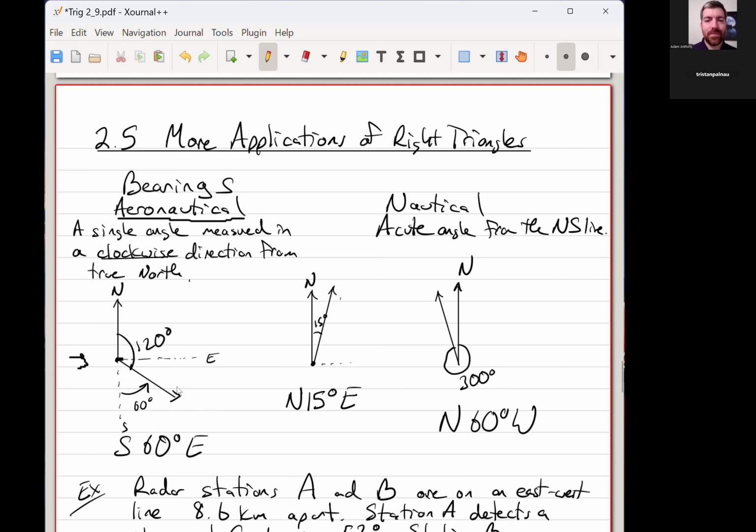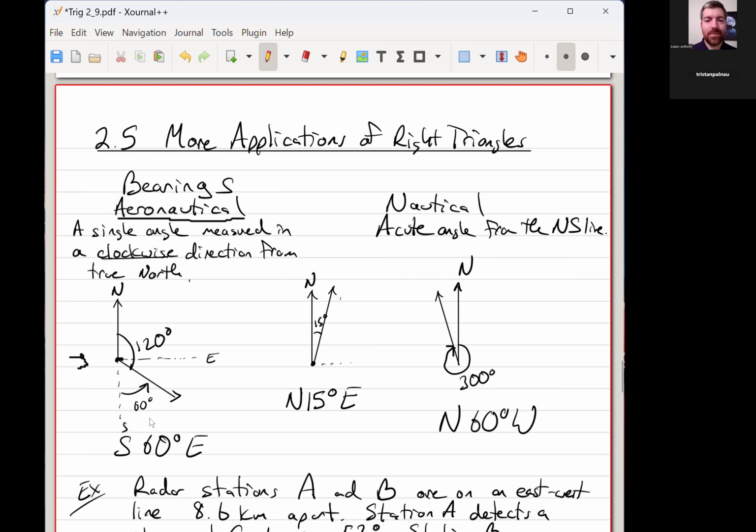And I've drawn some other ones on here. There's 15, and then like 300 over here. So always in a clockwise direction. And I know that's counter to the way angles in standard position are.